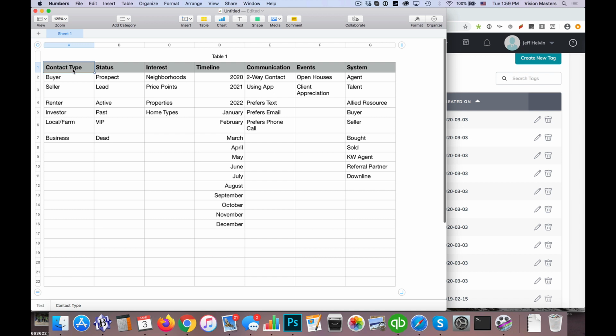The first thing is tags are really meant to help isolate and identify people in the system. So if you think about, oh, I want to know who all my buyers are, who all my sellers are, or which leads came in on this particular property that I marketed, or what neighborhoods, or I have a new house that's going to be listed, a 2-story, so I want to target all my 2-story people.